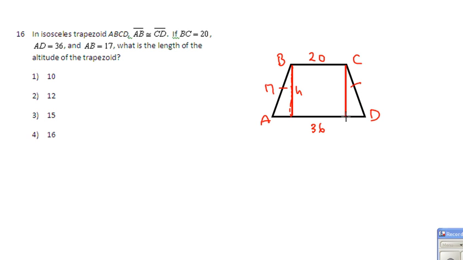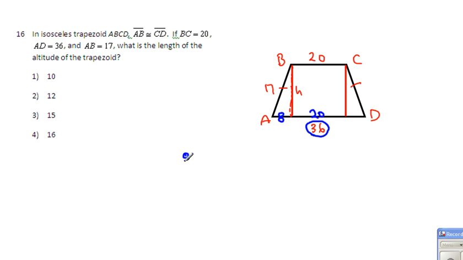The way we can get this one is through this way. Altitude. When you draw these two perpendicular lines from this one base, we realize that this must also be 20. And out of 36, if this portion is 20, then the other two leftover portions must equal 16. 16 divided by 2, then we get 8 here. Then we can simply use the Pythagorean theorem.